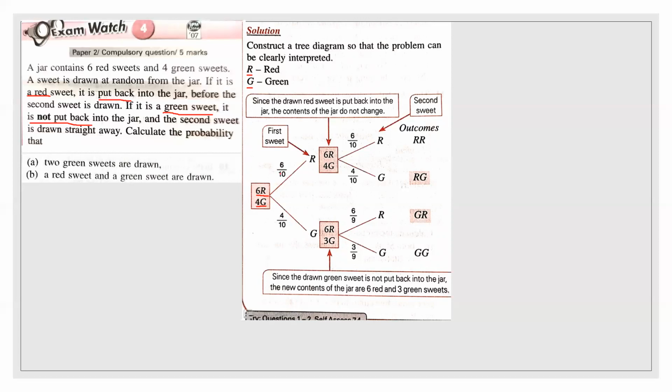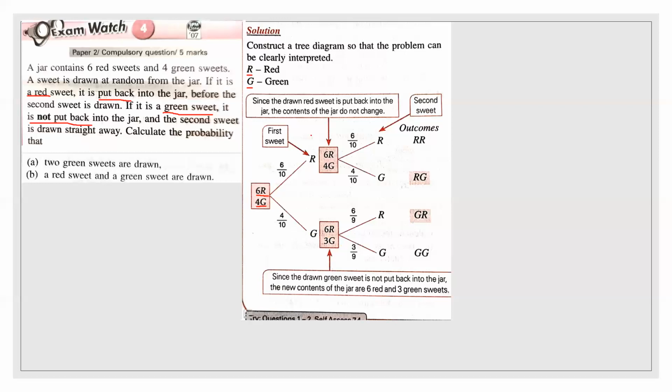After that, if we draw a red sweet, it will be put back into the jar, so the content of the jar does not change. It will still be 6 red and 4 green. But if our first sweet is green, it will not be put back into the jar, so the jar is only left with 3 green sweets.